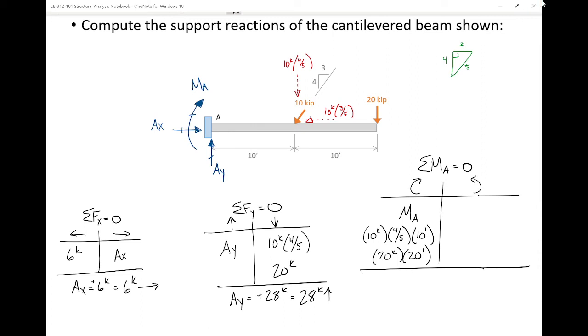Come on. All right. This is a sum of moments expression, so we sum moments. What do we have on the left? What is 10 times 4 fifths times 10? 80. 80 plus 400 is 480. So MA plus 480 on the left.